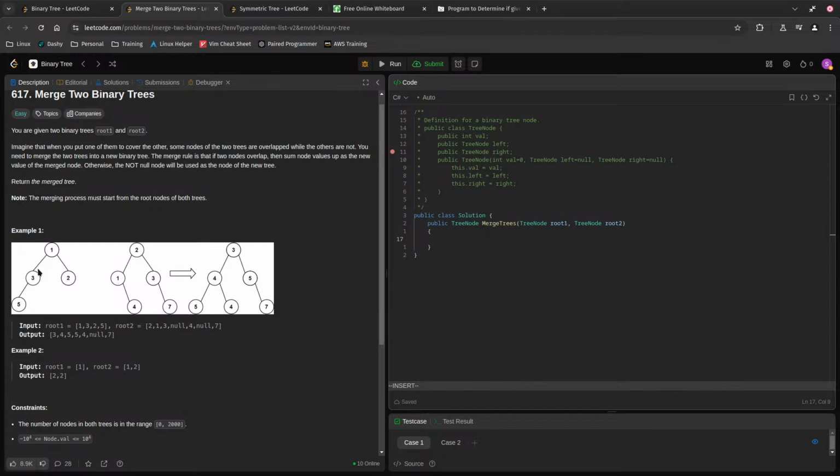But I need to find a way to go through both at the same time, maybe? No, because they don't have the same amount of nodes. I feel like this will be a fun graph problem, but I'm confused how we can do this with a binary tree.